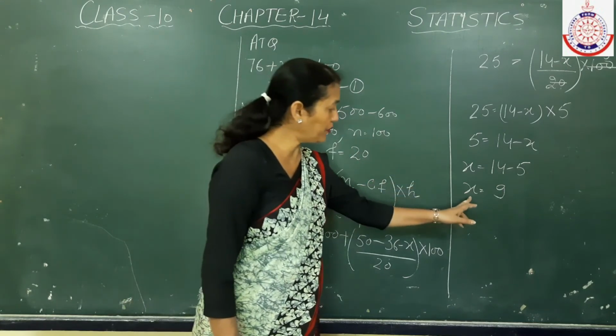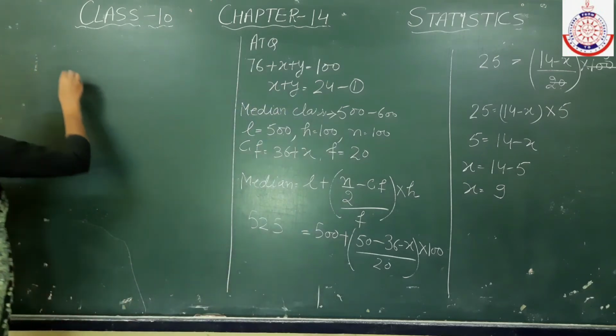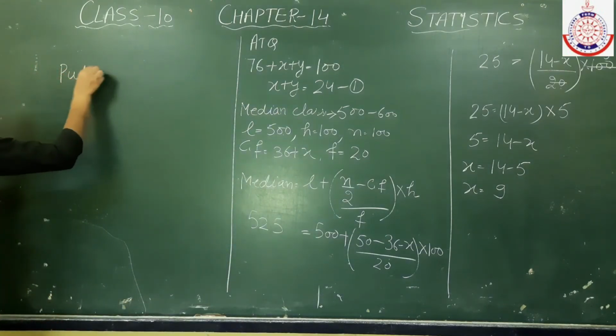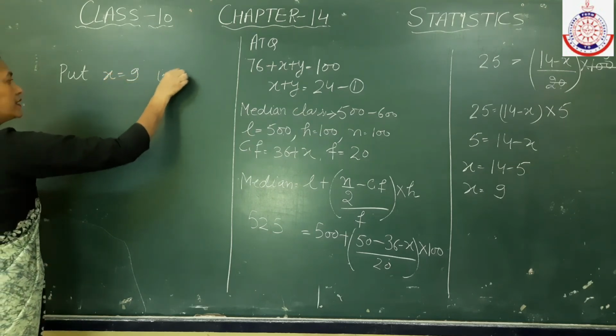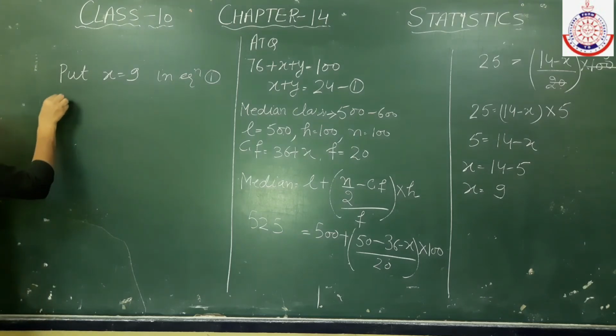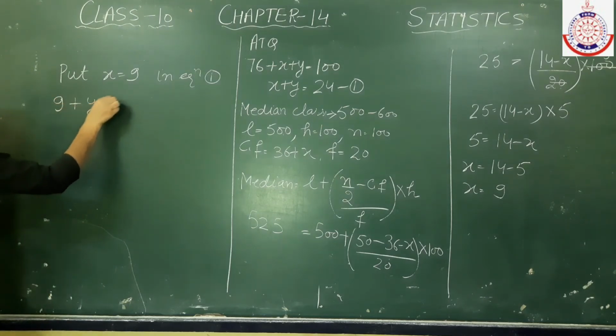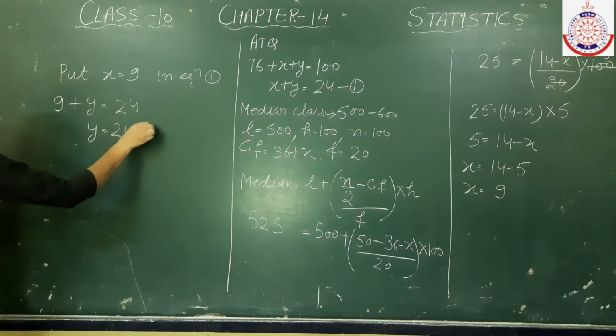Now if we put this value of x in equation number 1. Put x equals to 9 in equation number 1. 9 plus y equals to 24. Y is equal to 24 minus 9.